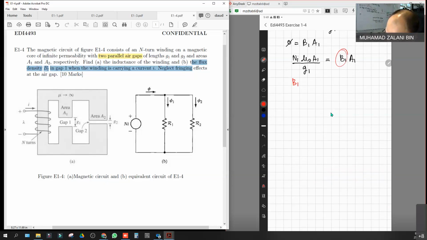So B1 equals, in this case A1 will cancel. I'm using blue. Cancel A1. B1 equals Ni mu naught, or mu naught Ni divided by G1. So that is for B1.